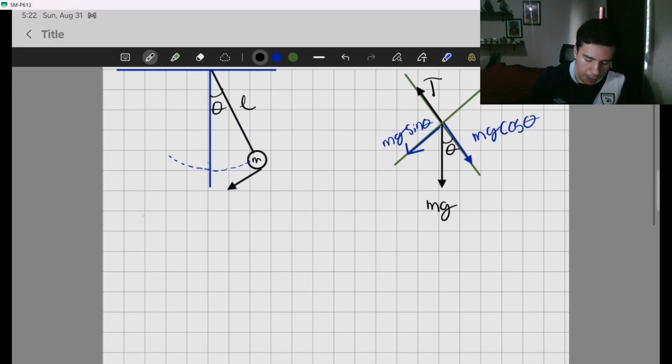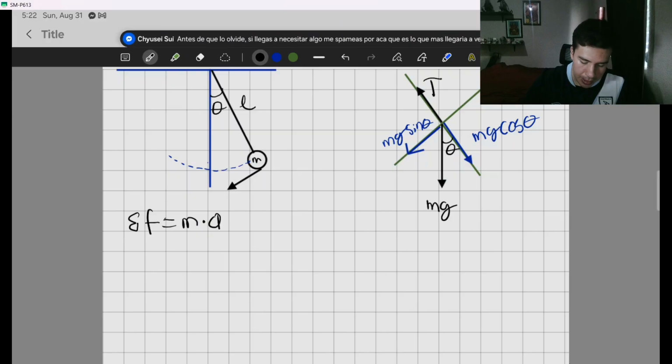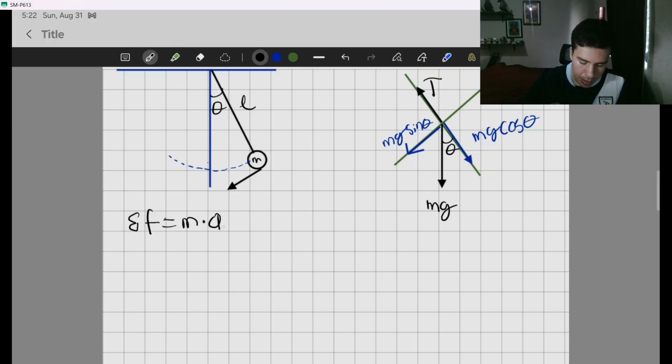So using the Newton equations for the forces, the sum of the forces will be the mass times the acceleration in the x part. Okay, so this is our first thing right here to consider.